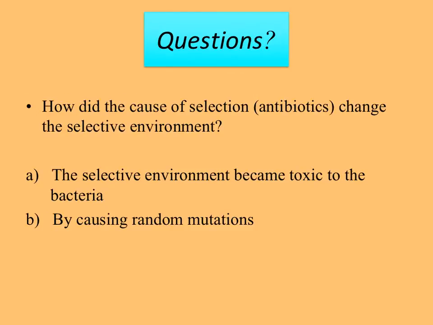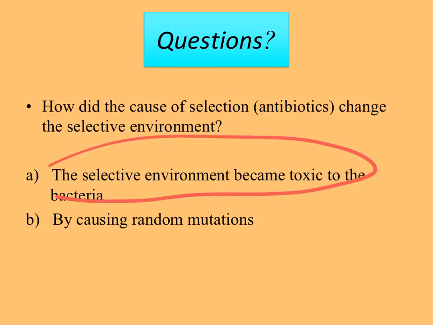So in this case, remember, the antibiotic did not cause the mutations. Mutations happen randomly. The selective environment just became toxic because of the antibiotics already there. Now, this is not to say that there aren't toxins that cause mutations.